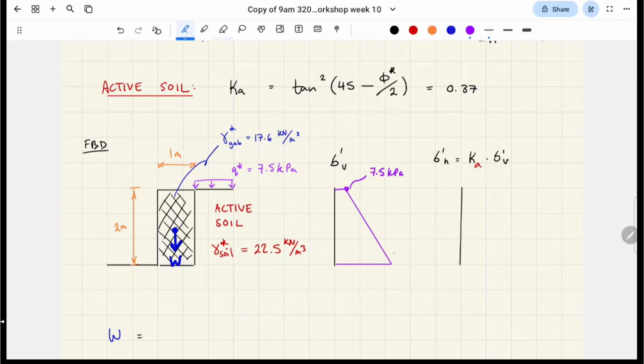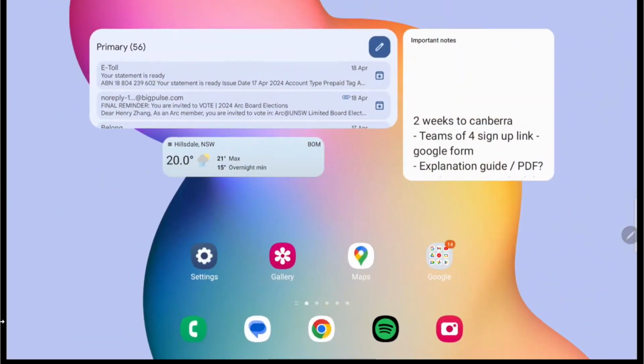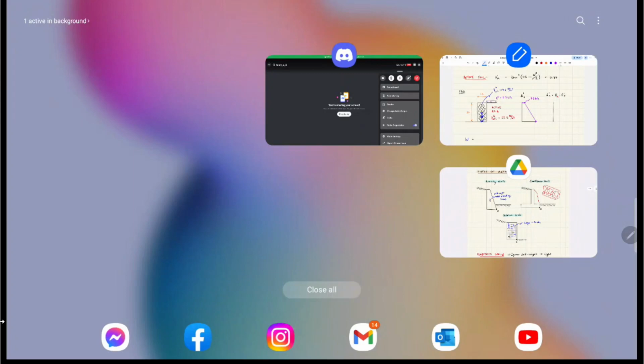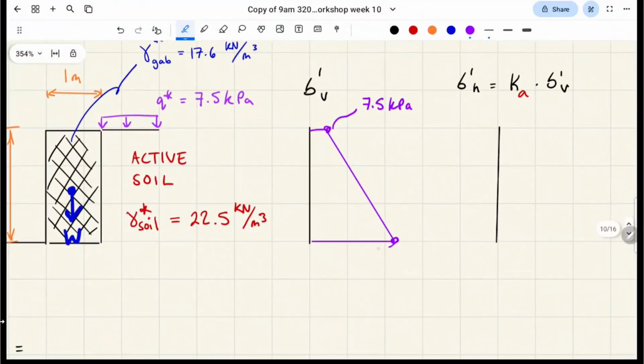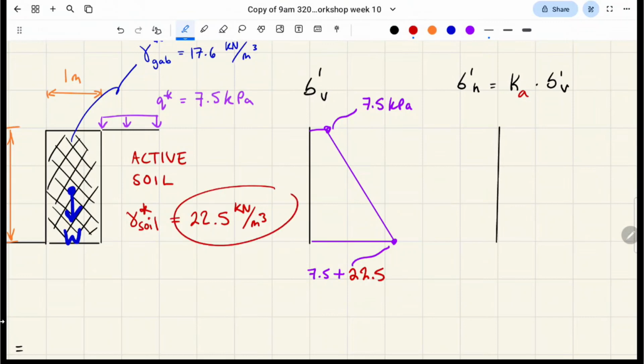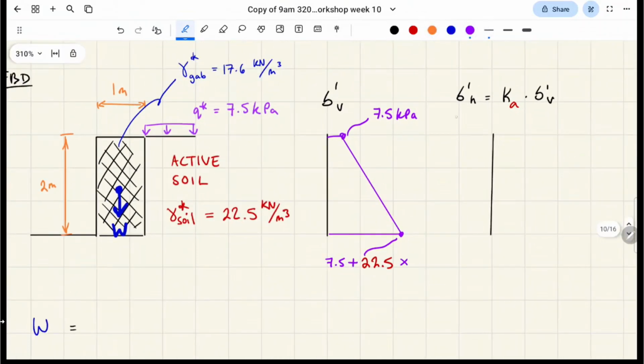The formula will look like this: 7.5 plus this, our factored unit weight of soil, of active soil, multiplied by 2 meters in depth, because that unit weight is going to compound and increase pressure as you go deeper into the soil.